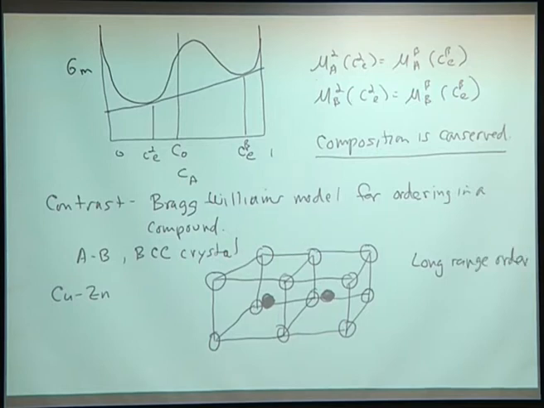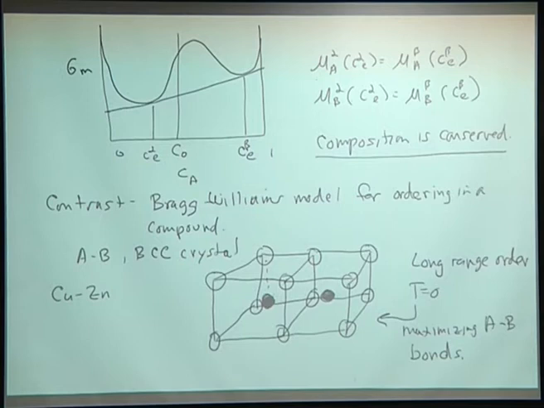Because at t equals 0, everything looks exactly like this. And basically what the system is doing here is it's maximizing AB bonds. Okay? And you can see that you're doing this, right? So the AB bonds are on the other sides.